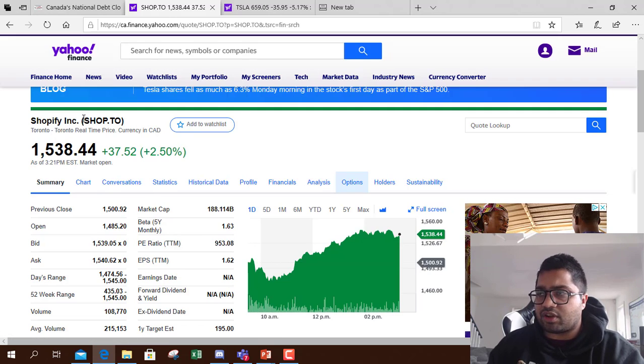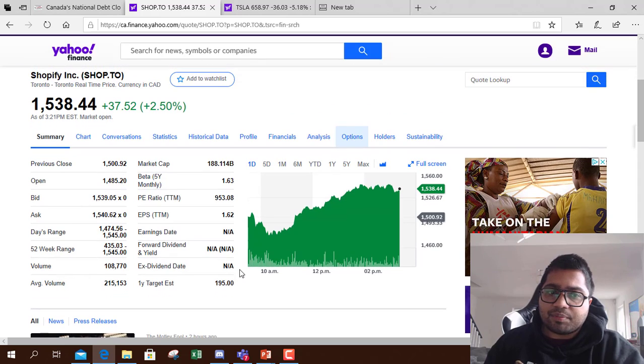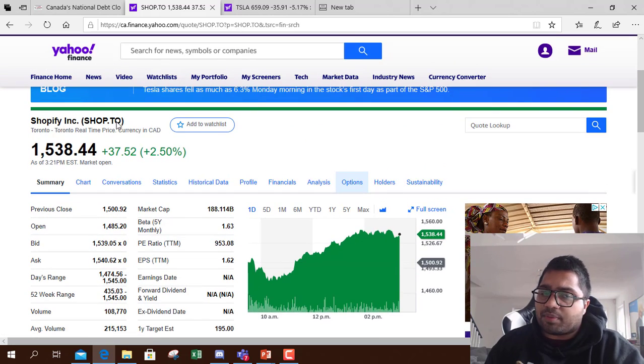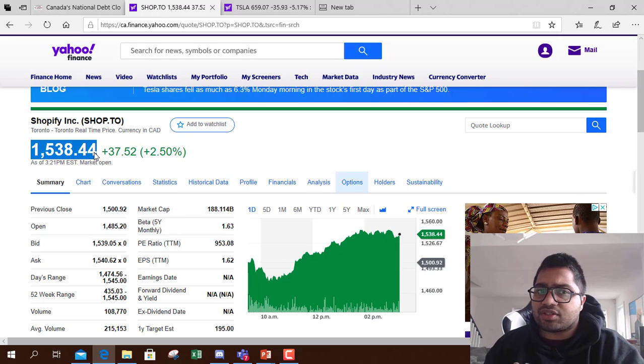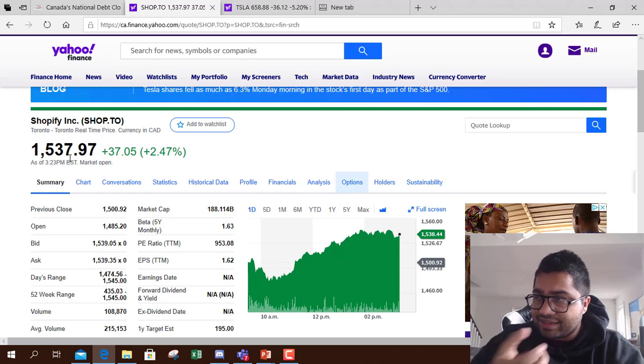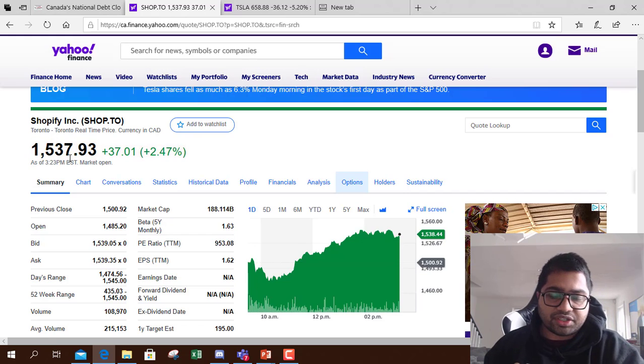It used to be Royal Bank of Canada, but Shopify has gone up significantly and it has become the largest market cap company, biggest company in Canada. So if you buy Shopify shares, it is $1,500. It is traded on Toronto Stock Exchange, TSX. So if you buy this stock at 1537, then you're taking ownership of Shopify. You're giving money, but against that money, you're getting ownership.